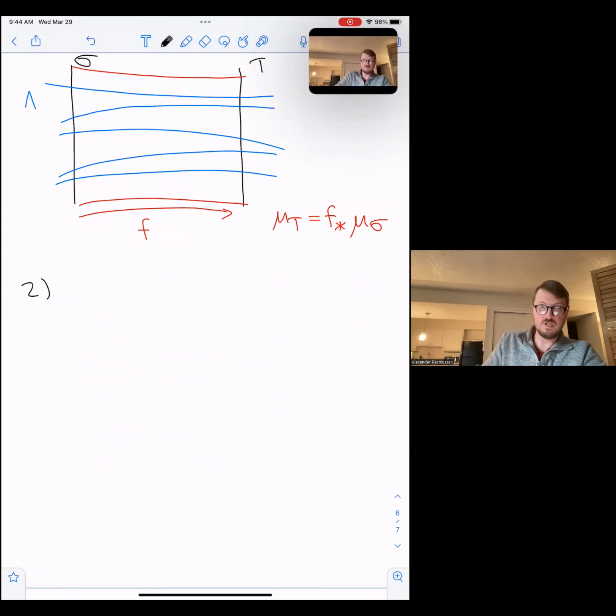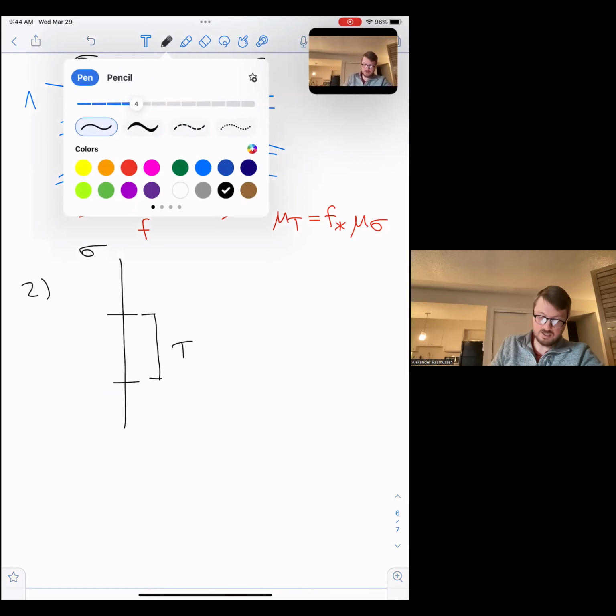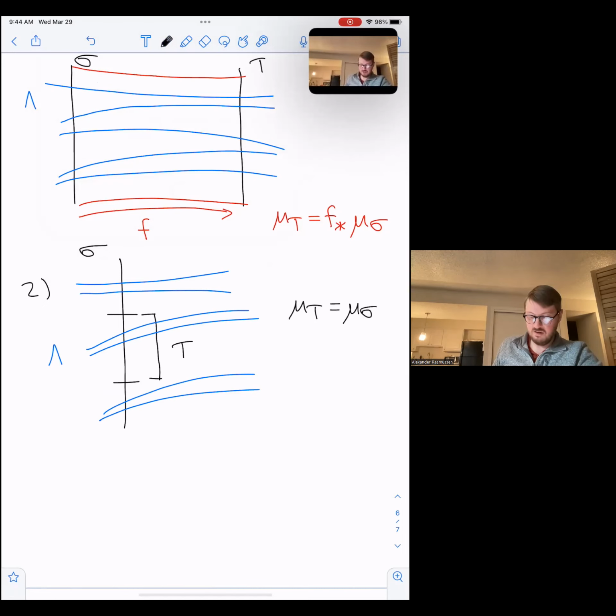And for passing to subarcs, we have a similar picture. So we have maybe a transverse arc sigma, and we have a subarc tau. These are both transverse. And here's our lamination running through again. And what we want is that the measure on tau is just the restriction of the measure on sigma.